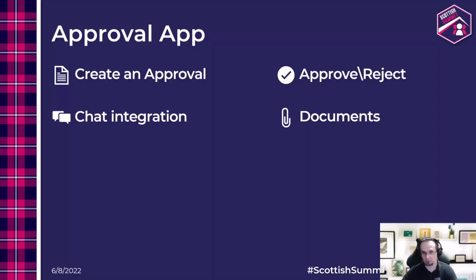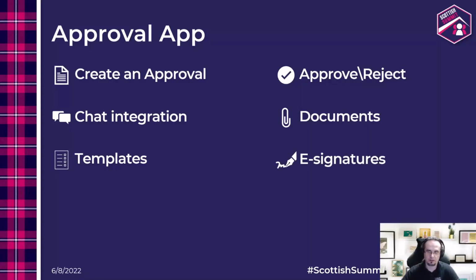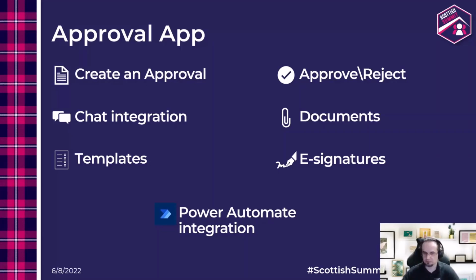So how to add a document, how to work with a document, and I will show you one very important piece of information about documents in approvals. Templates, so how to create more formal processes. I will create a template with some predefined fields. Signatures, so how to use built-in features for electronic signatures. And Power Automate integration. So how Power Automate is integrated with the approvals application, and how you can use that.